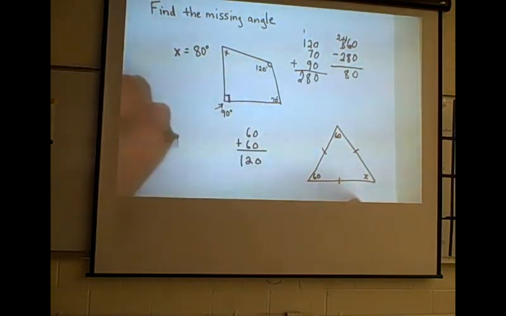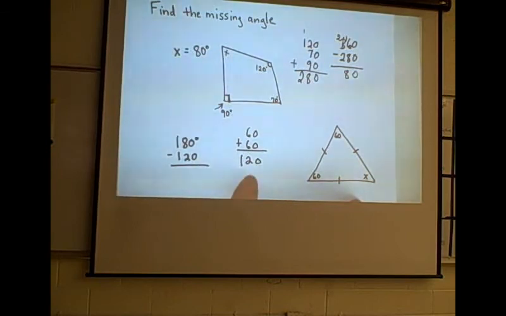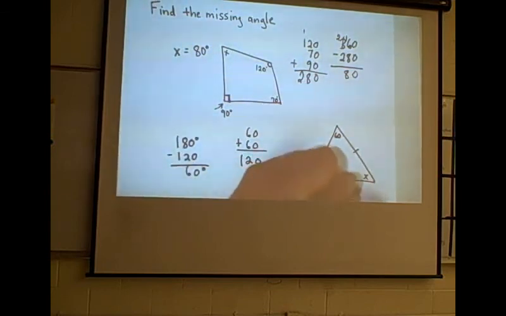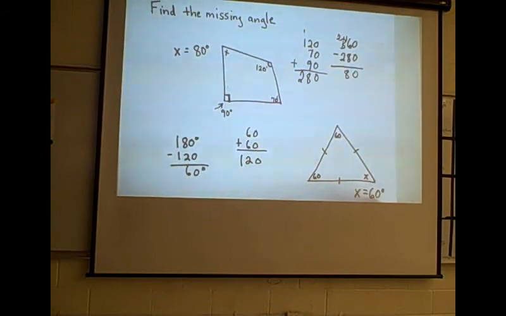All triangles measure 180 degrees. We could subtract 120 from our total here, and we get 60 degrees. X would equal 60 degrees. This is also called an equilateral triangle.